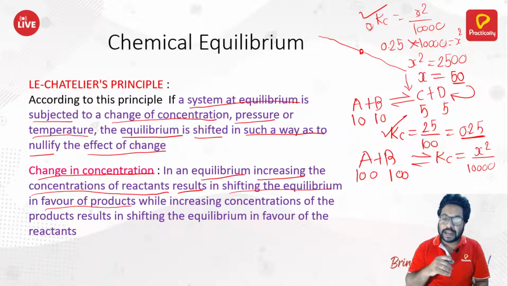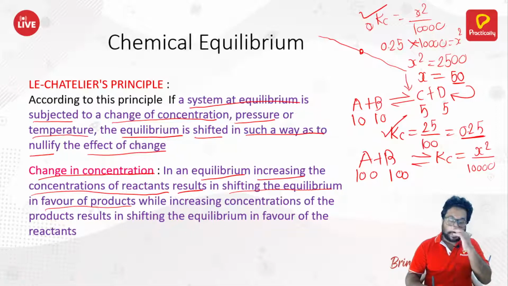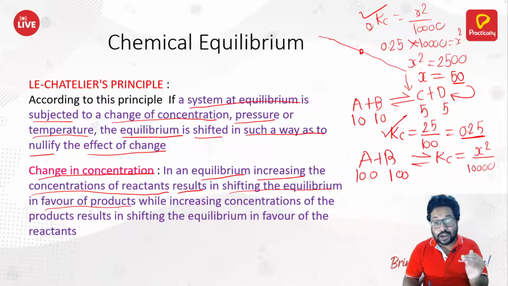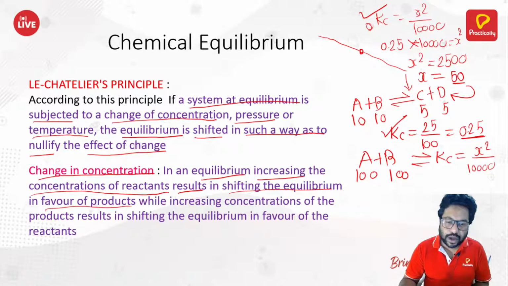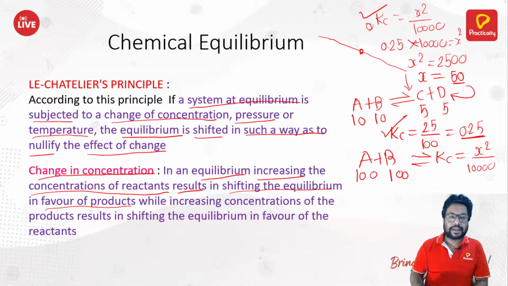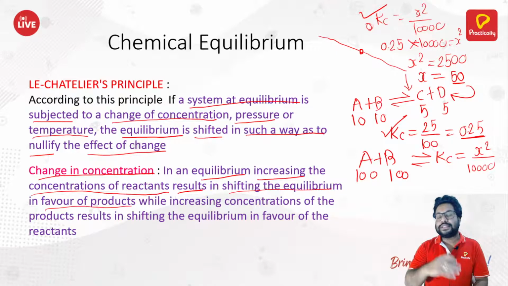That is how, when you increase the concentration of reactant, to maintain the value of Kc, the equilibrium increases the concentration of product also. What if I do this in a reverse way?